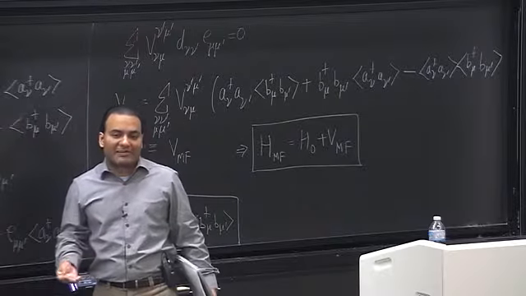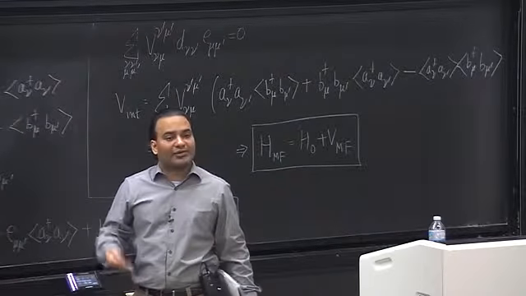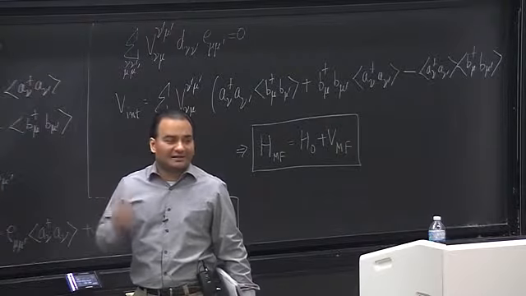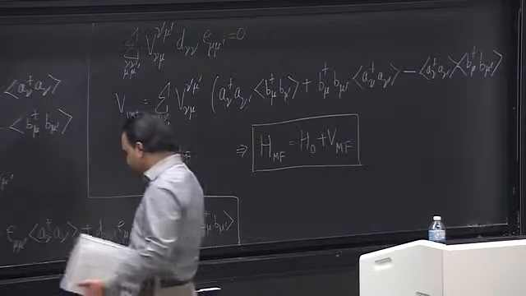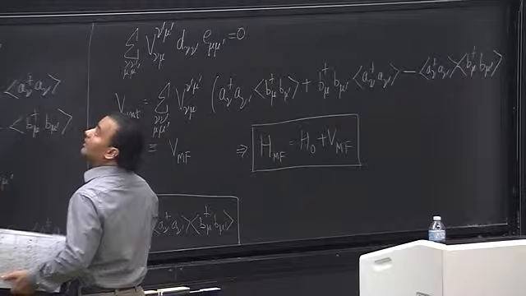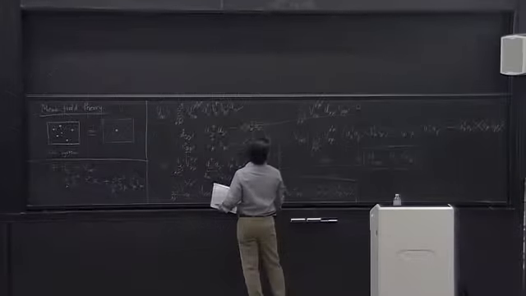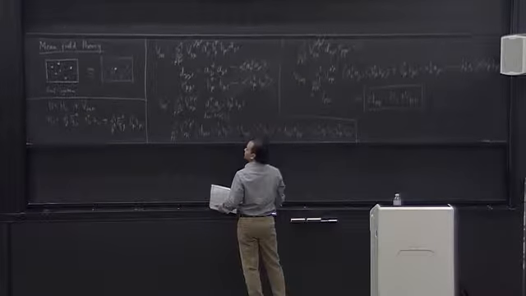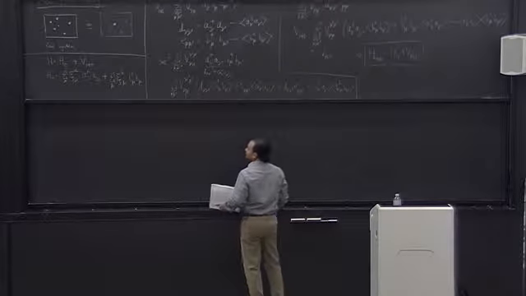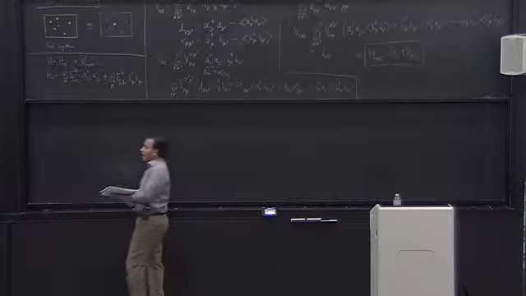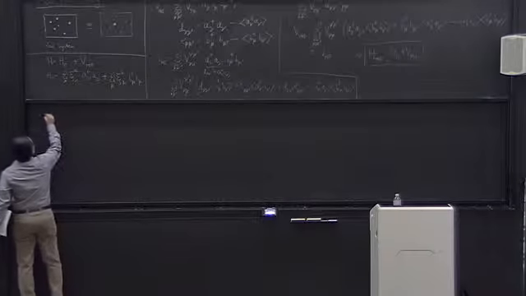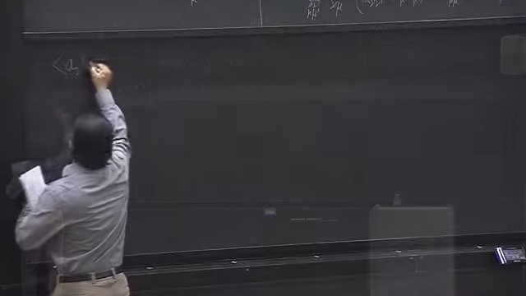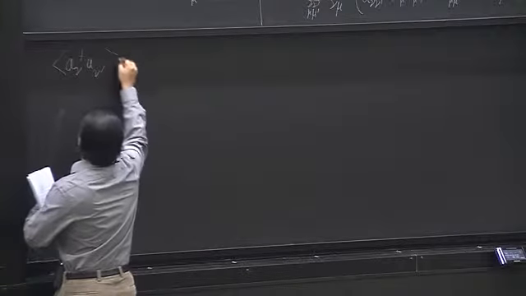A crucial aspect of mean field theory is to calculate these expectation values in a self-consistent manner. So how do we calculate the expectation value of these operators? For example, a nu dagger, a nu prime.